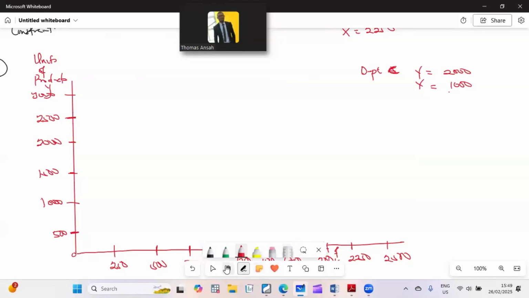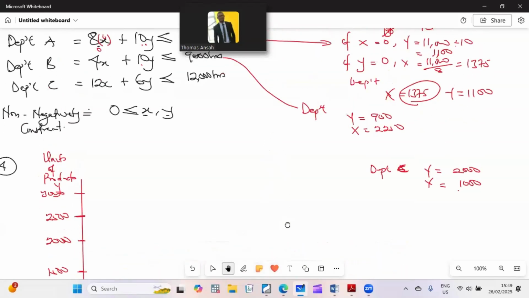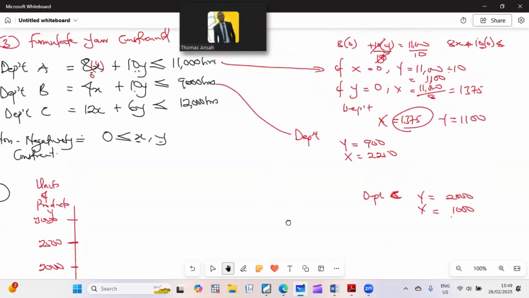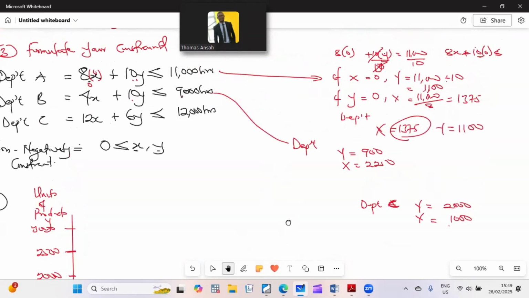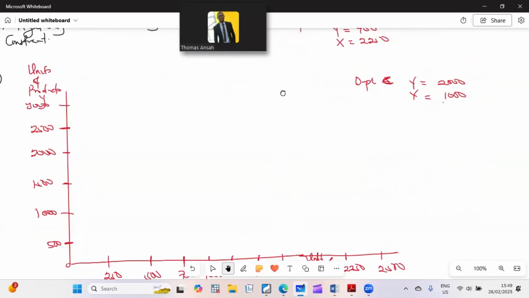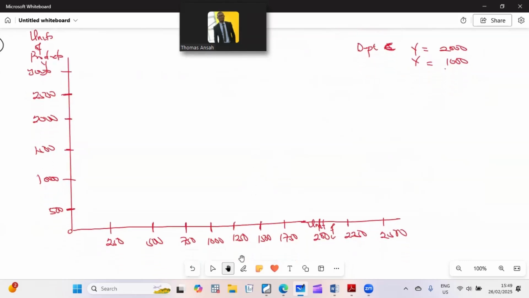So if I'm plotting my first plot, department A was 1,375 on the X-axis and 1,100 on the Y-axis. So 1,100 will be somewhere here, because this is 100, 200, 300, 400. So 1,100 should give me something here. Okay, so 1,100 here.